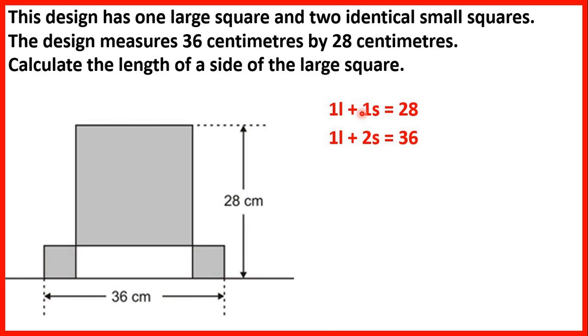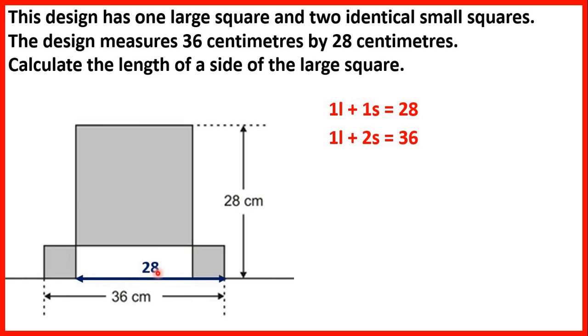So we can see that what's different about these is that our second statement, this length here, has one extra small square. So we can take the length of one large square and one small square, and if we rotate it and move it down, we can see that it's the same size as one large square and one small square here, because remember, squares will have sides that are all the same length.